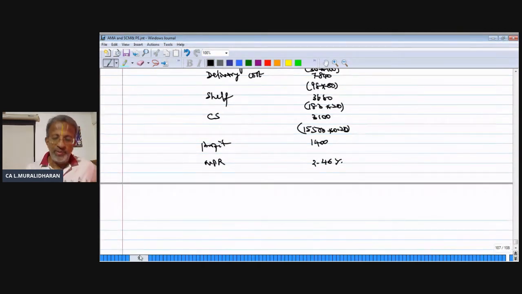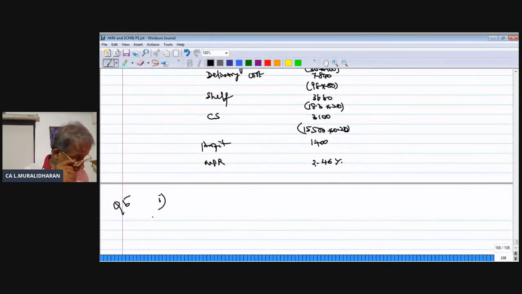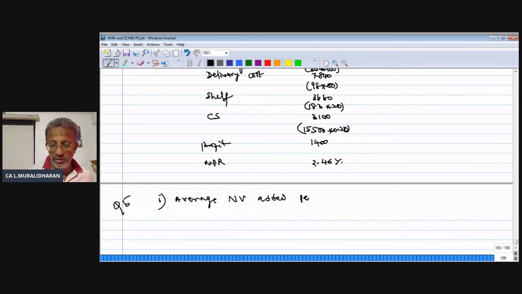So answer for the first part of the question, question number 5. 1 is average non-value added per batch, which is going to be 1.5 hours plus 6 hours plus 7.5 hours, which is equal to 15 hours.